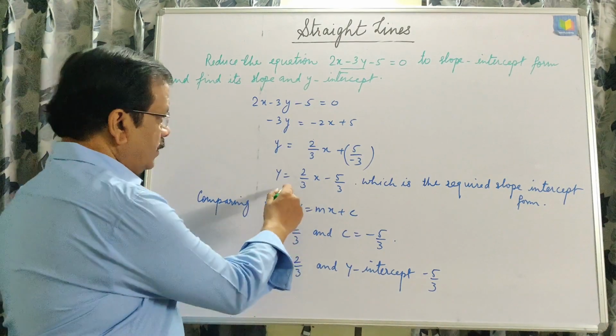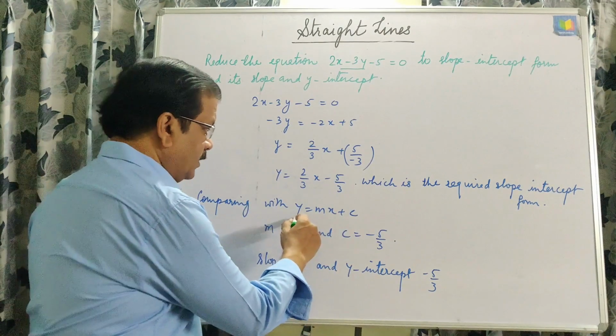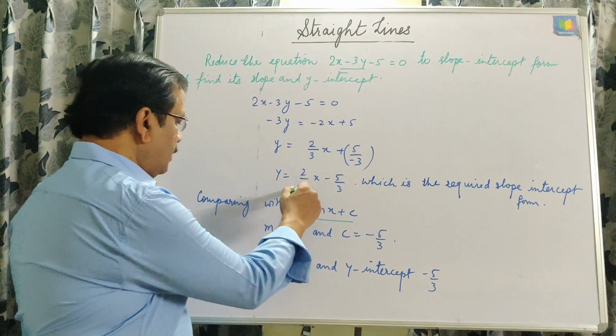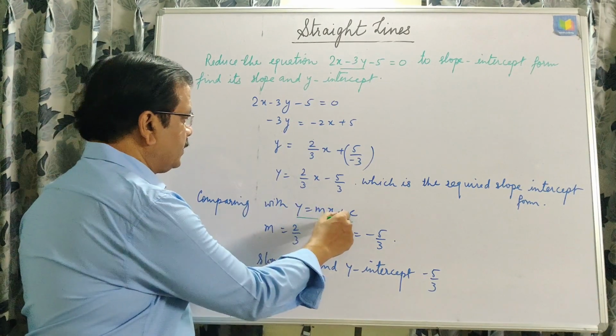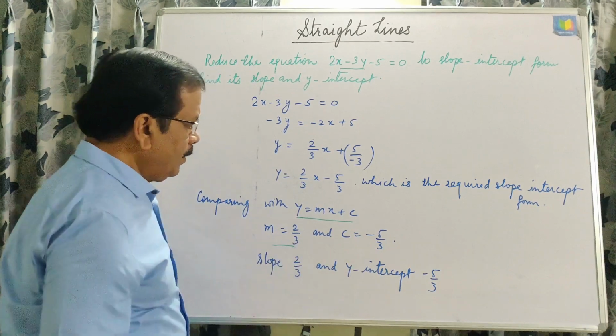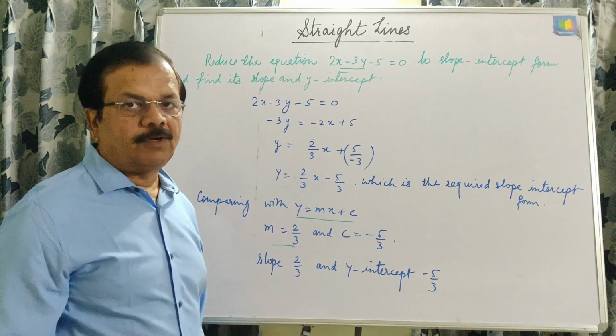Comparing with y is equal to mx plus c, which is the general equation of slope intercept form, m is equal to 2 by 3 and c is equal to minus 5 by 3, where m is the slope and the y intercept is minus 5 by 3. Now next question.